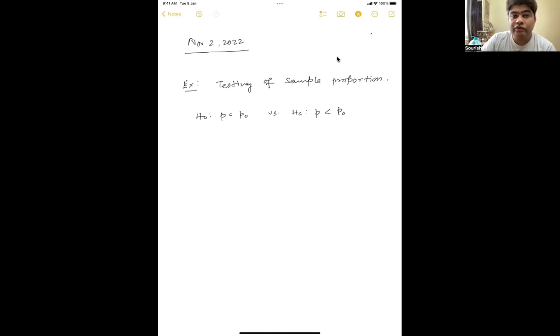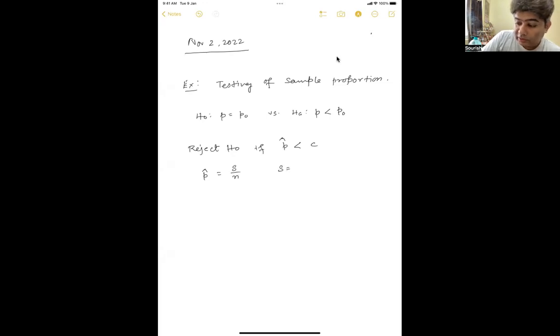Suppose this is the test that you want to do, and you have come up with a test called reject H naught if P hat is less than some cutoff point C, and your P hat is S by N.